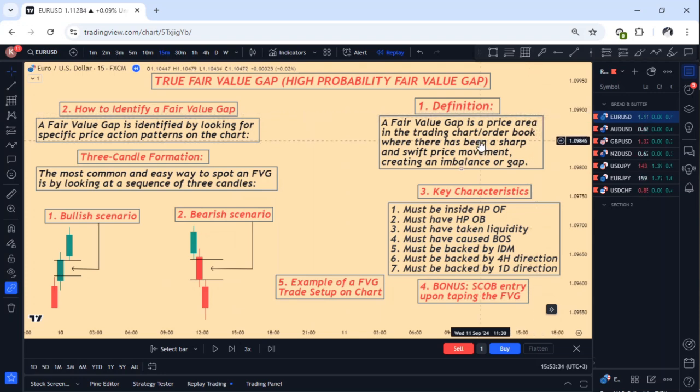The gap is the space, as you can see in these examples, where the market did not have enough time to establish efficiency. Hence it created a gap which we call fair value gap. So that is basically the introduction part of it.